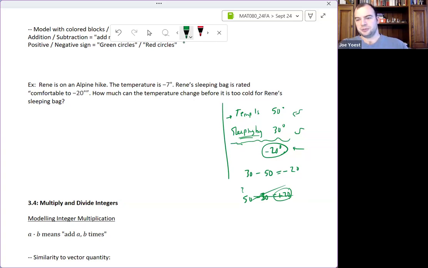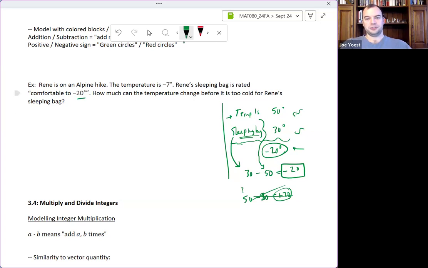So I want to do the sleeping bag's comfortable temperature minus the current outdoor temperature. That'll tell me the change in temperature before my sleeping bag is not rated for that temperature.